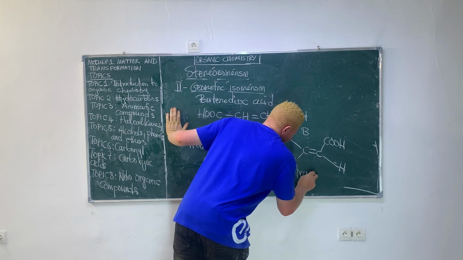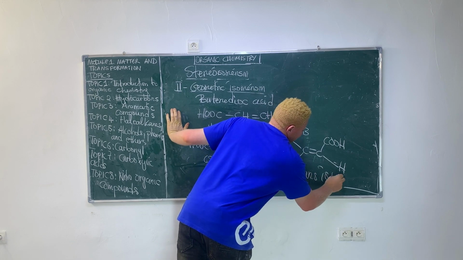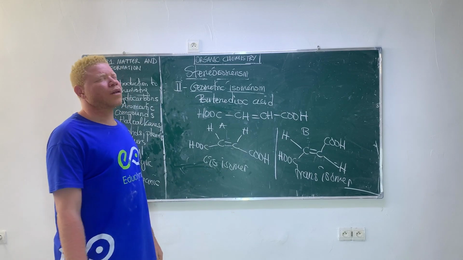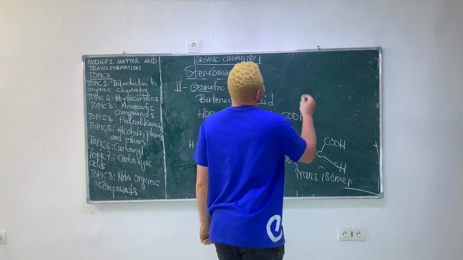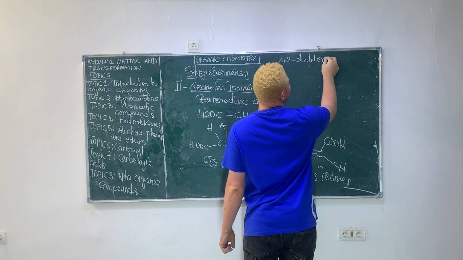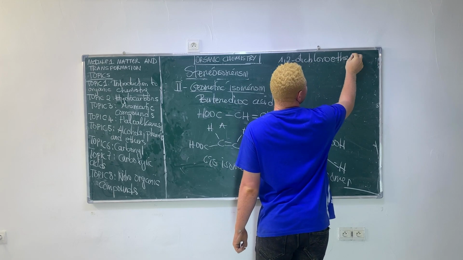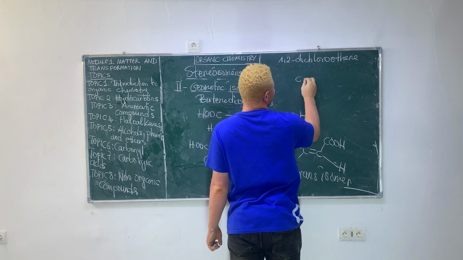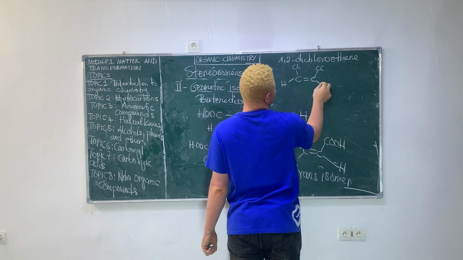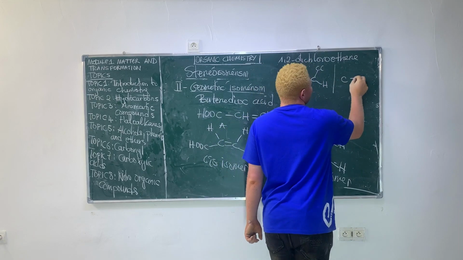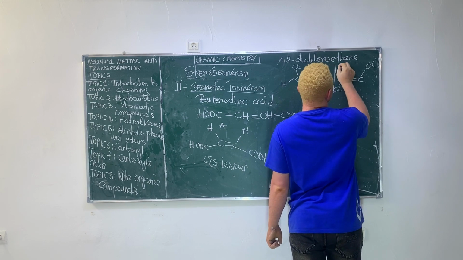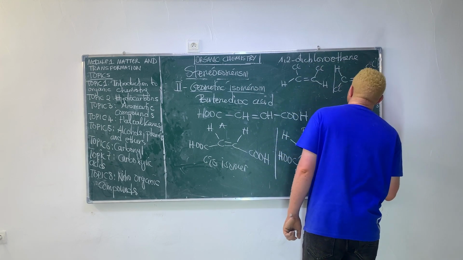And you have the trans isomer. So we can apply this to other molecules, like in the case of 1,2-dichloroethene. The molecule is CHCl=CHCl.